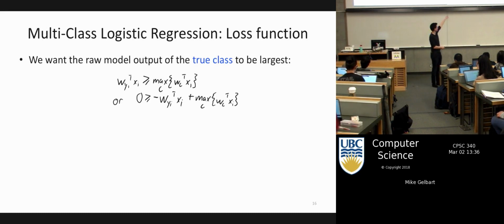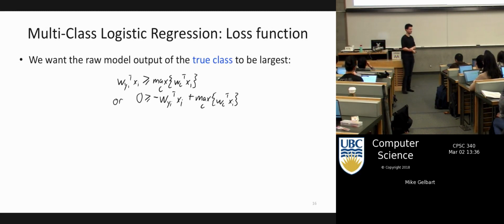So what is the max of those things? The max of those things is the biggest of all the scores. So this is saying the biggest score, which is on the right-hand side, should be equal to the true score. It's just a slightly less intuitive way of saying y_i should be the argmax of all of my k scores.